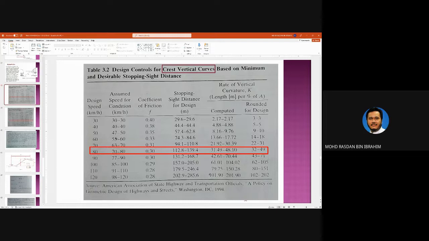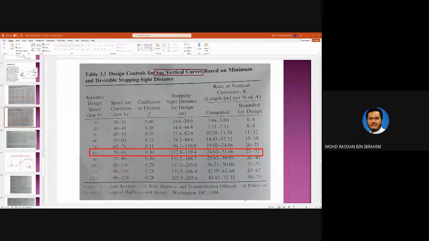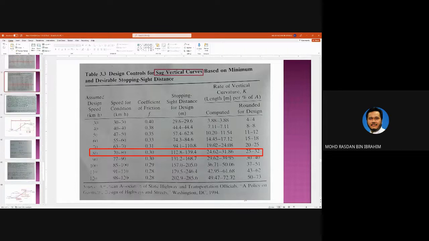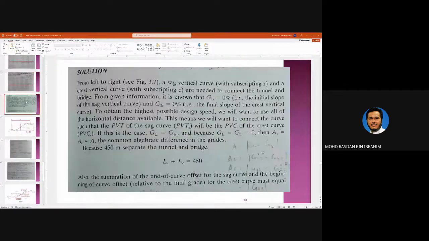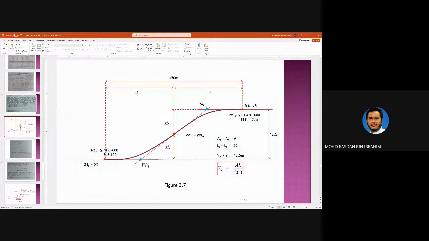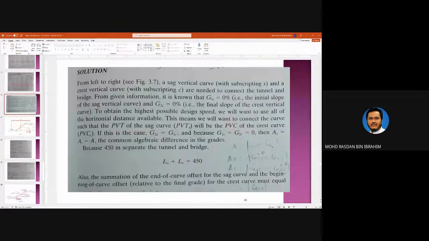So table 3.2 is for crest vertical curve, and table 3.3 is for sag vertical curves. Okay, from left to right, sag vertical curve has subscript S, and crest vertical curve has subscript C over here, indicating crest and sag.